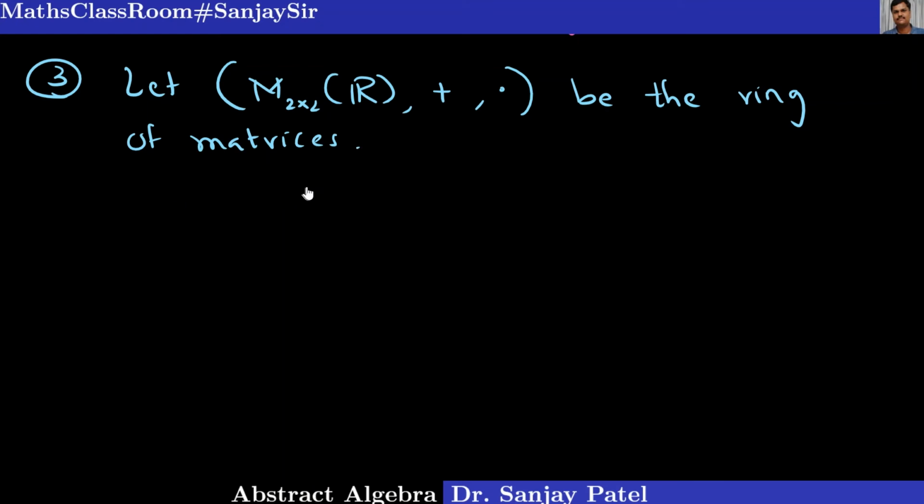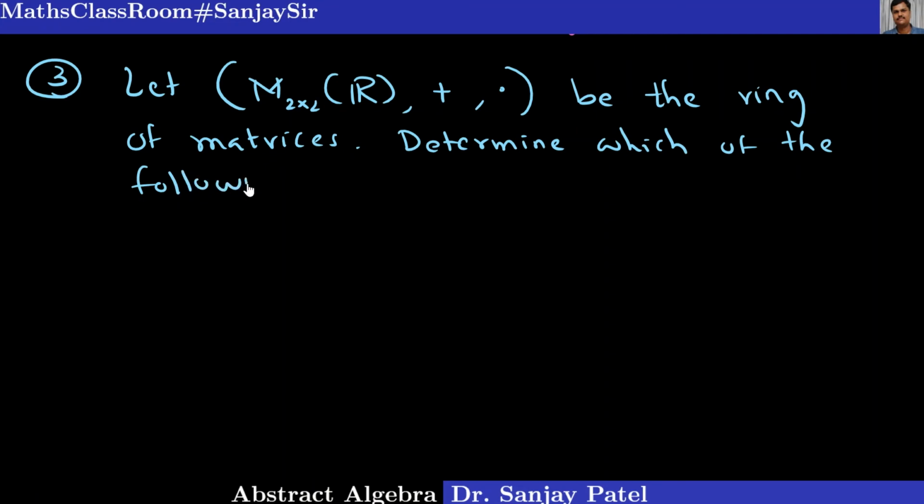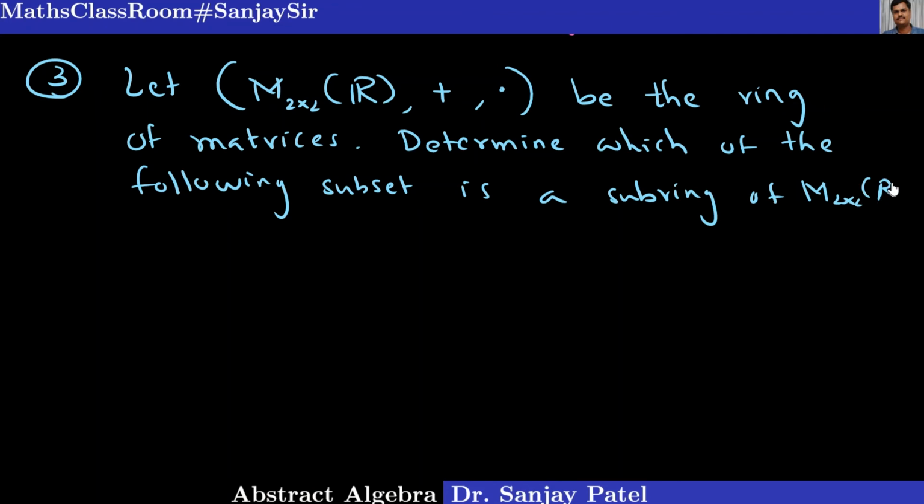Then determine which of the following subsets is a subring of the ring M2 cross 2, okay, of this ring.